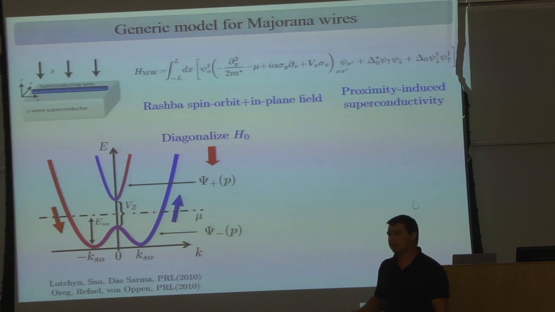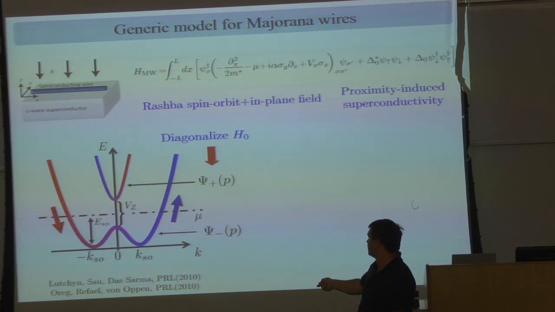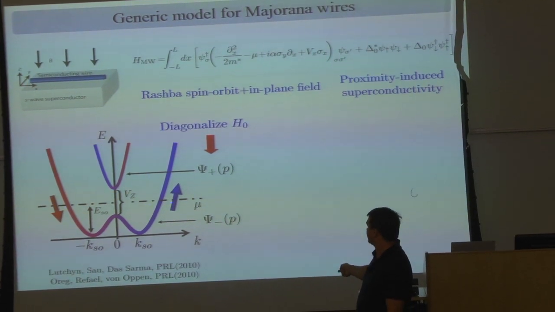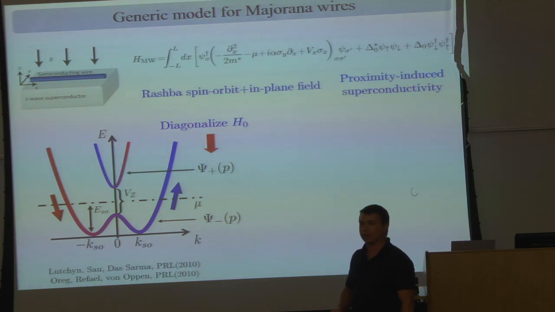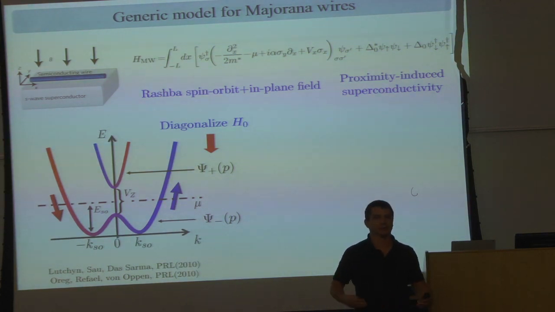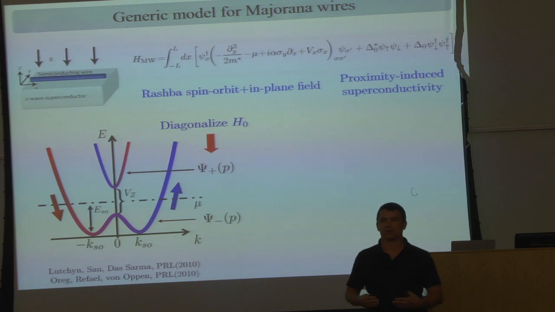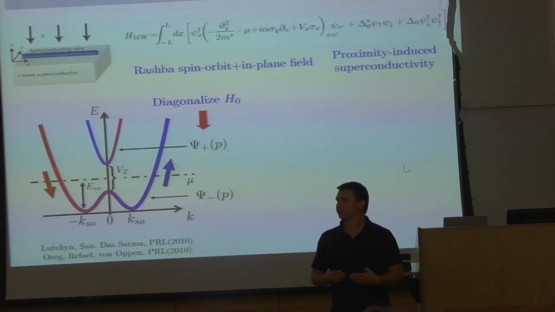And if we tune the chemical potential to be in the middle, then you can see that we realize something very interesting where there is spin-momentum locking. Right movers are locked with spin up, and left movers are locked with spin down. This is the so-called helical liquid, where the motion is coupled to spin.